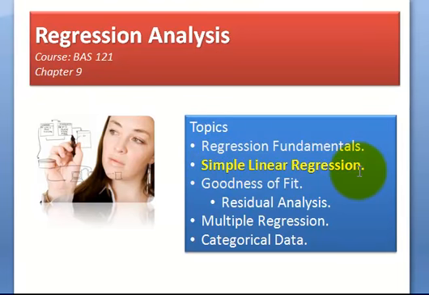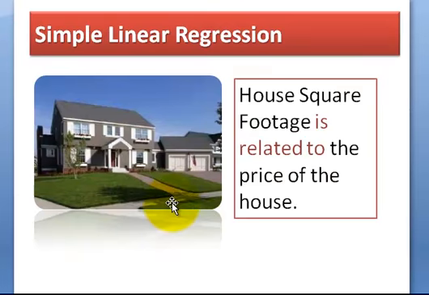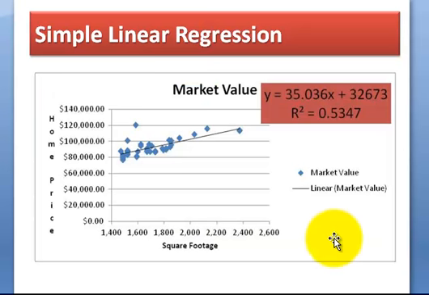So let's talk about a simple linear regression. Let's go back to our house. I think this is a pretty good assumption. House square footage is related to the price of the house. So we could go gather some data, which is actually one of the samples in the book that we'll go through. But here we just put it on a very simple scatter plot.